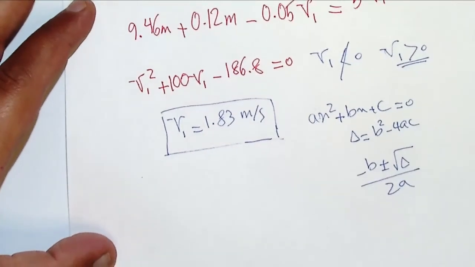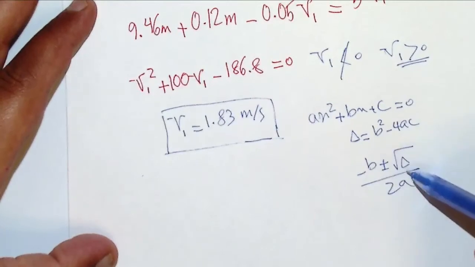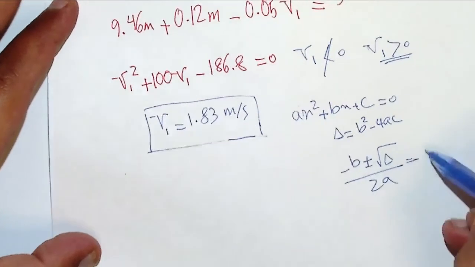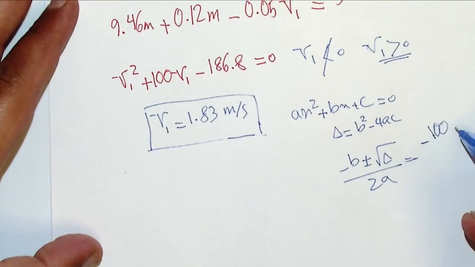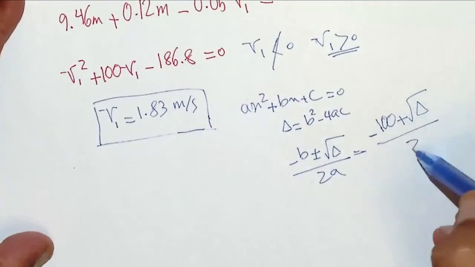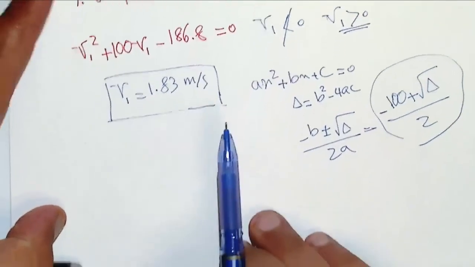One of the roots is negative, which you don't need, but the second one, minus b, which is minus 100, plus the square root of delta that you calculated over 2a, is going to be equal to 1.83. Perfect.